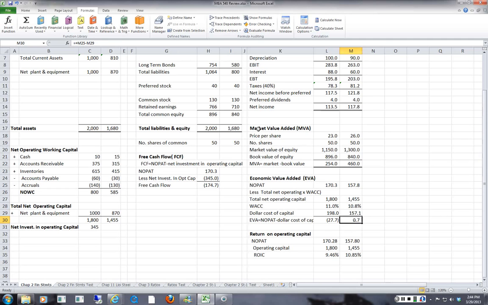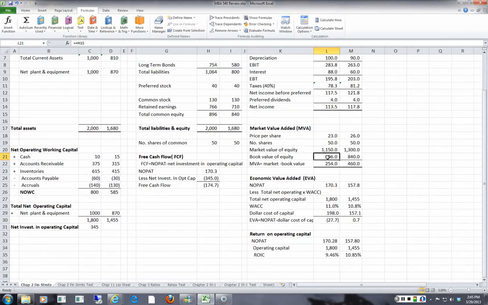Now, the last one we want to talk about is market value added. The market value added takes the price per share, multiplies it by the number of shares, and then that comes up with what is the market value of equity. That's $1,150,000 and $1,300,000 in the preceding year.